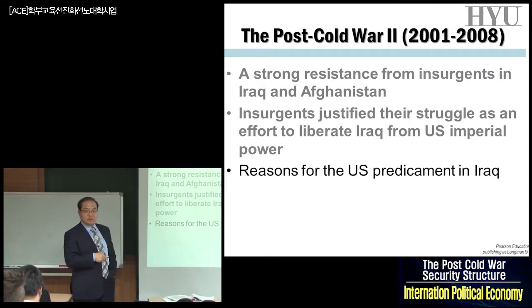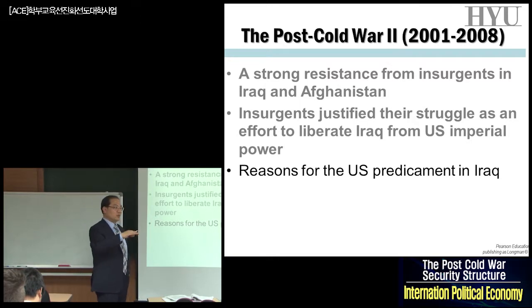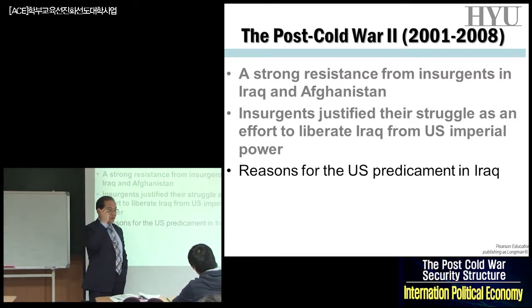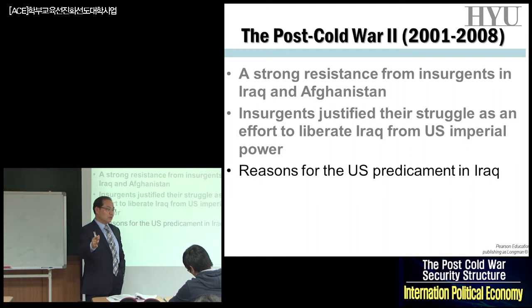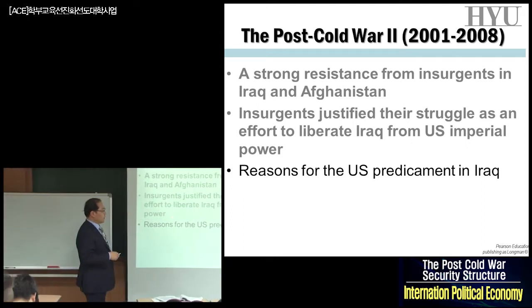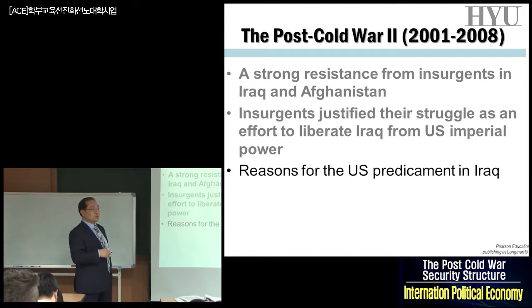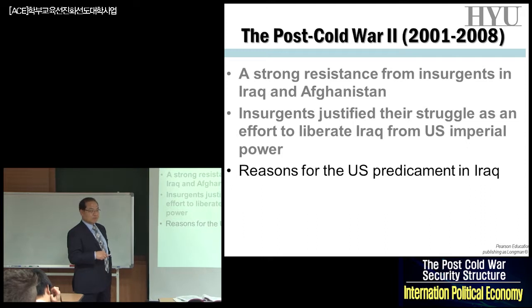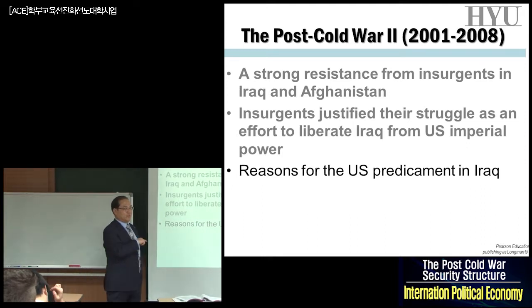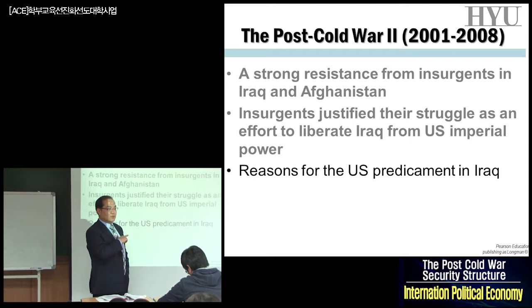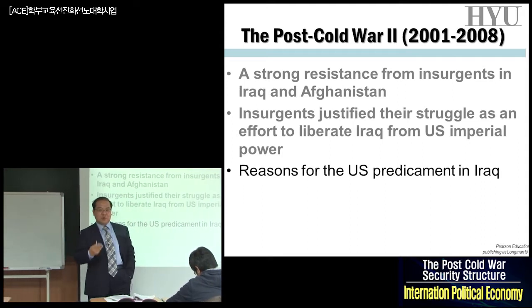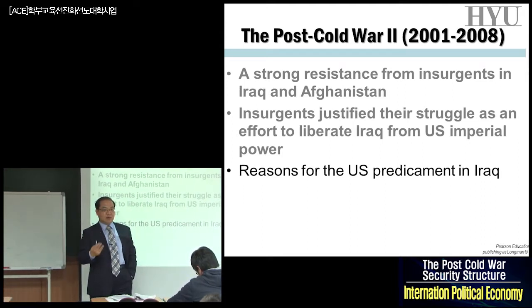What are the reasons for the U.S. predicament in Iraq? Right, the weapons inspection was not smoothly done, and American, European divisions. But other than that, there are other reasons for the U.S. predicament. It's important to know this, right? It's important to know why America was bogged down in Iraq.